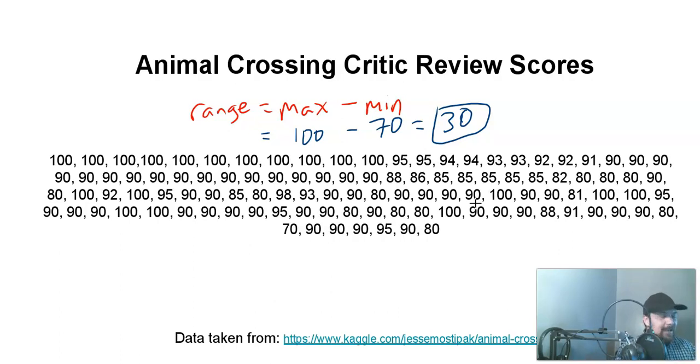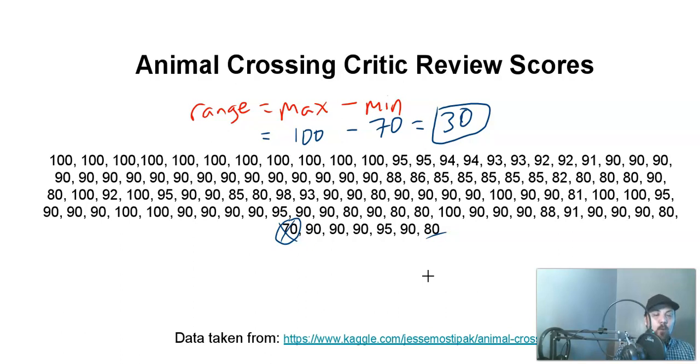So if there was an Anton Ego of video game reviewers, that person might give Animal Crossing a rating of 50. Everybody else is up here in the 100s and 90s, but that one person doesn't like any video games and rates it a 50 no matter what, even if it is a good game. Now the range is going to be 50 because of that one person. Maybe that's what's going on with the 70, because if you exclude the 70, the next lowest score is an 80, and the range becomes 20 instead of 30.